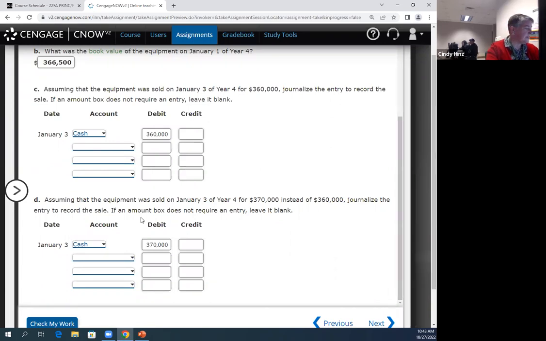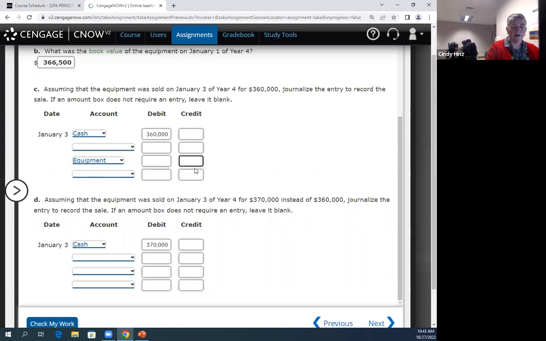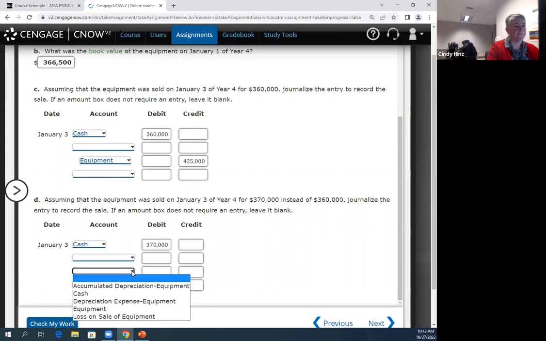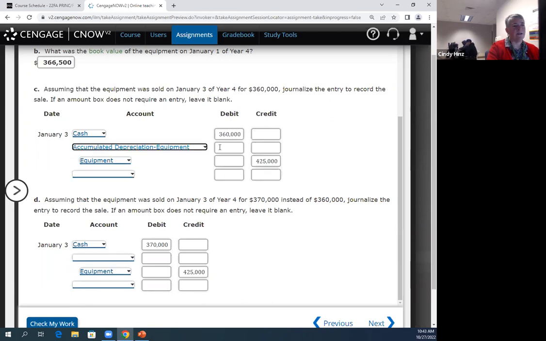And so both of these entries are going to include a credit to equipment to get the equipment off our books. And they're also going to include a debit to accumulated depreciation. I may have to adjust one of these lines as we go along.